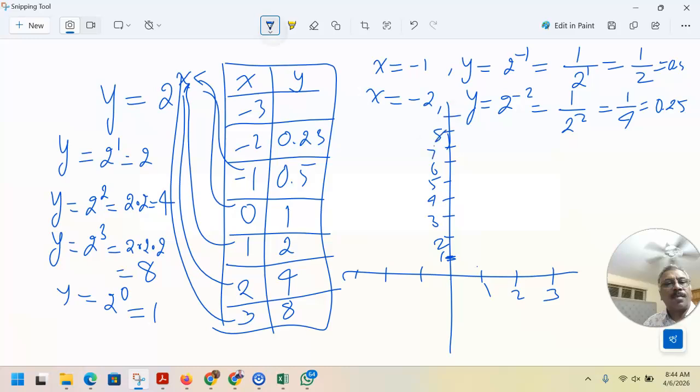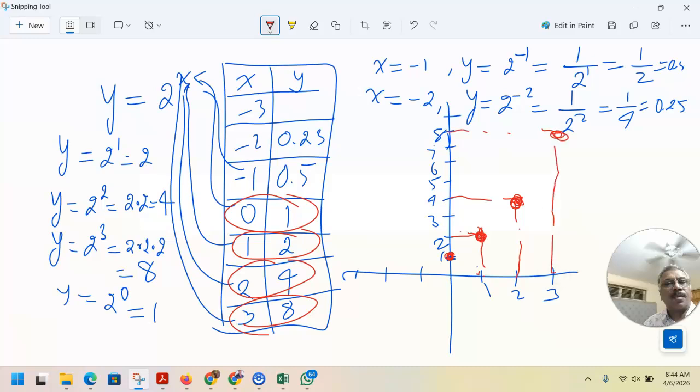So when x equals 0, y is 1, so 0, 1 will be this point. 1, 2 is this point. 2, 4: if I go this way and this way, that becomes 2, 4. And 3, 8: so at 3 you go up all the way to this point.